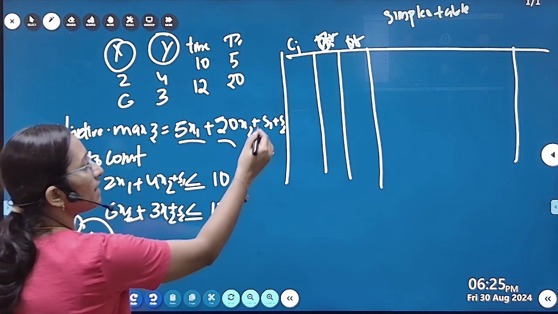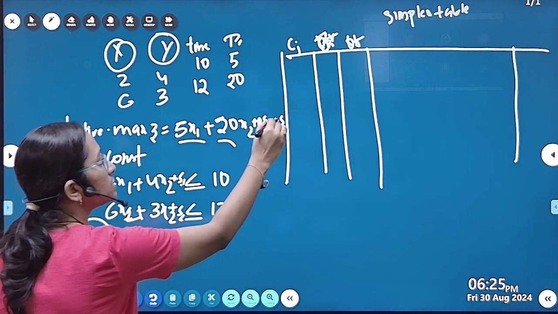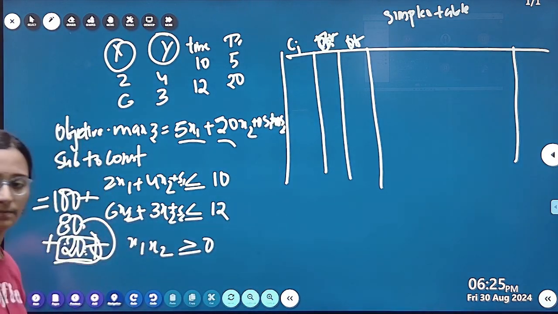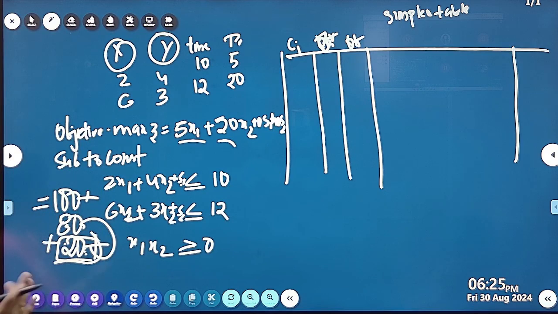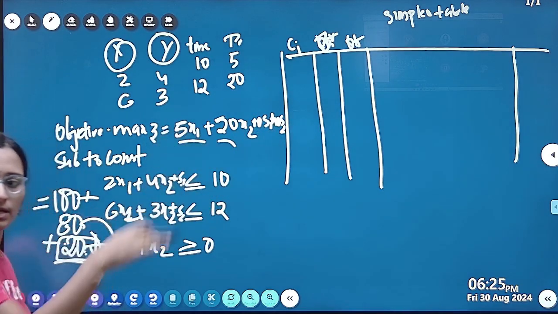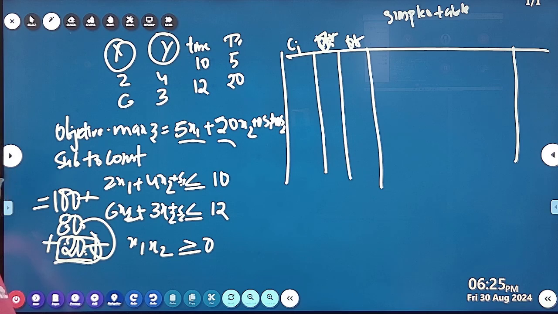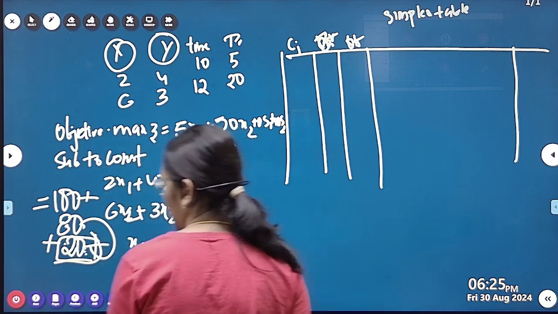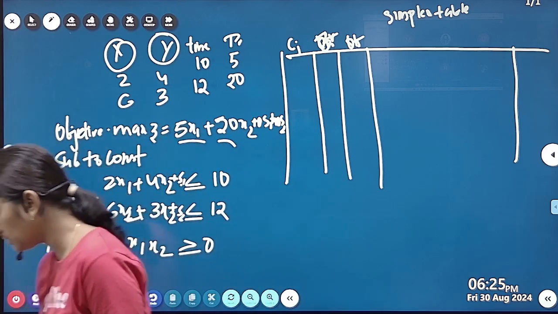Whatever the value may be, it is 0 S1, 0 S2. Meaning 0 into something is 0 itself. So by adding 0 for these also we'll get 0, nothing. So this variable has no value, but we are adding it to our products. Okay, next, tell me the values.